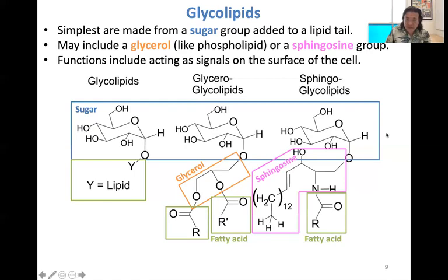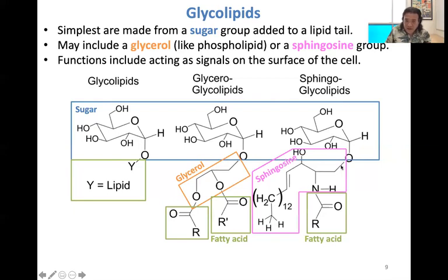Then you can get a little bit weirder, because in this case, what you see is you have a fatty acid tail, a big long chain that kind of goes off somewhere. And you have a sugar group at the end here, but you have this purple structure circled here.